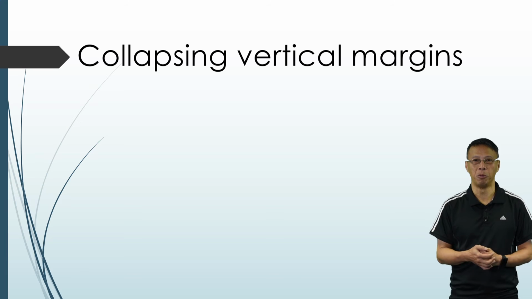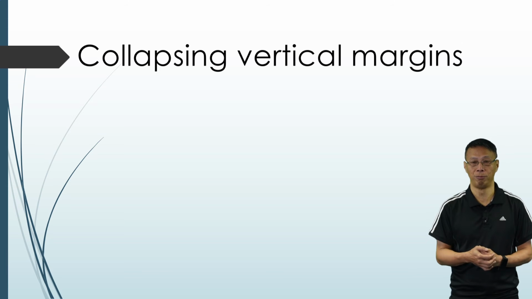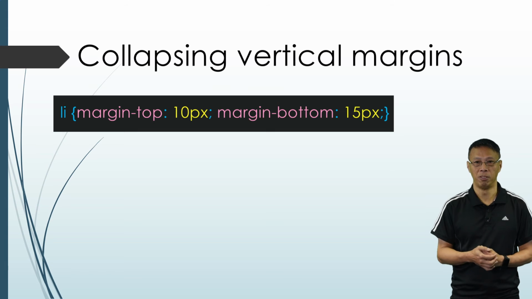Now, when we define CSS rules, particularly, we may want to notice that there are collapsing vertical margins. Here is an example. For the li element, we define margin top as 10 pixels and margin bottom as 15 pixels.